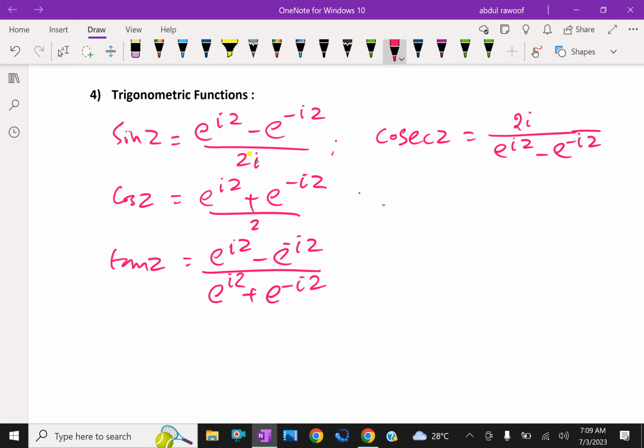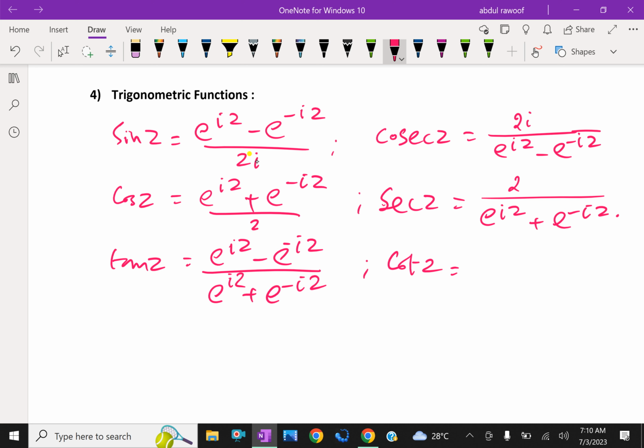Then secant is the reciprocal of cos. Secant z is 2 over e power iz plus e power minus iz. For tan, the reciprocal is cot.